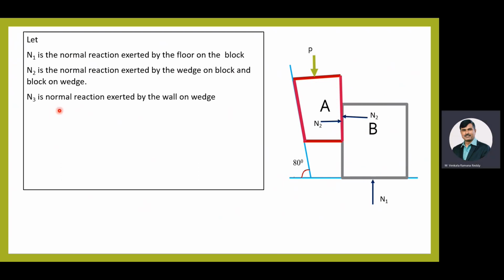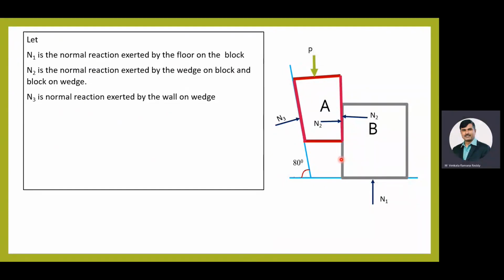N3 is the normal reaction exerted by the wall on the wedge. Here this is the wall, and the normal reaction exerted by the wall on the wedge is equal to N3. This normal reaction N3 acting on the wedge is perpendicular to the surface of the wedge.